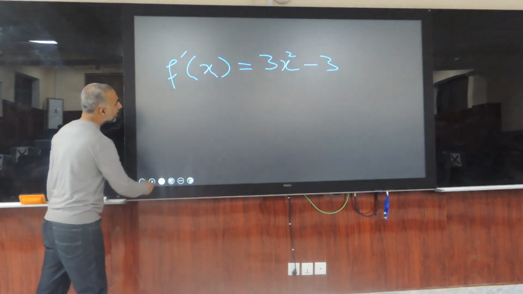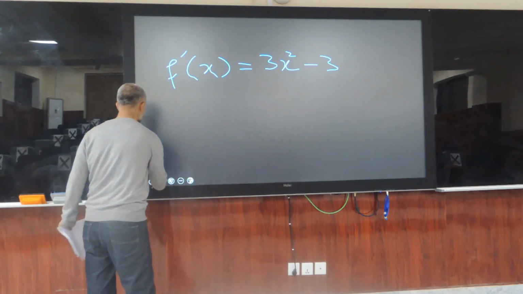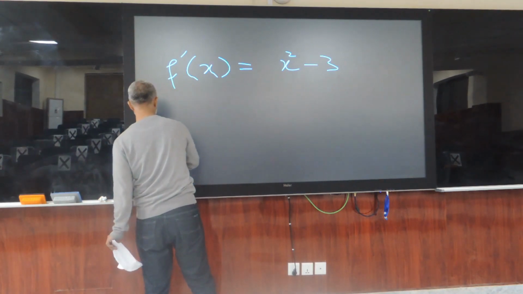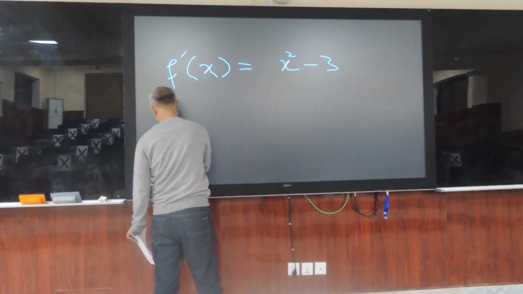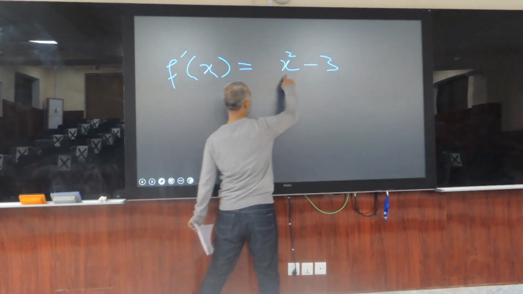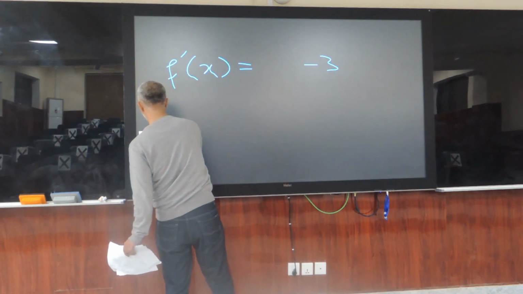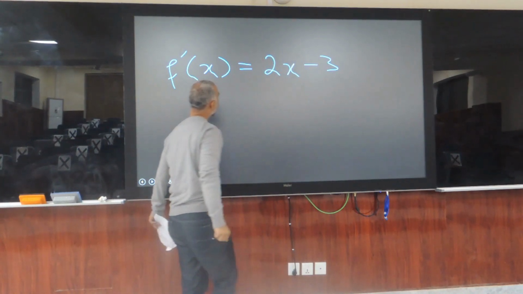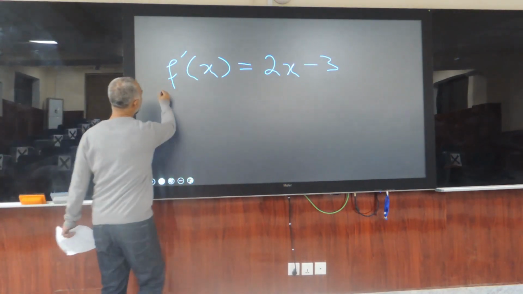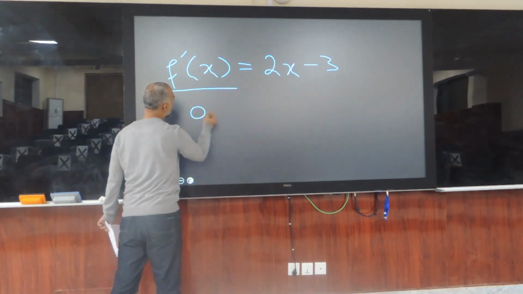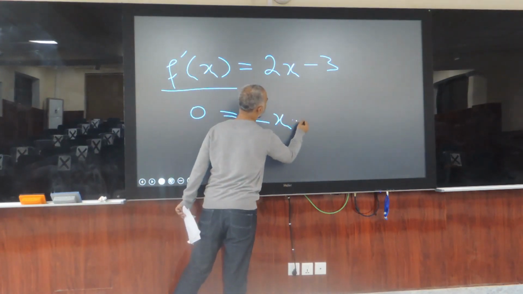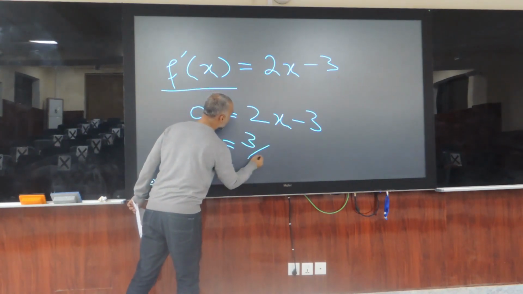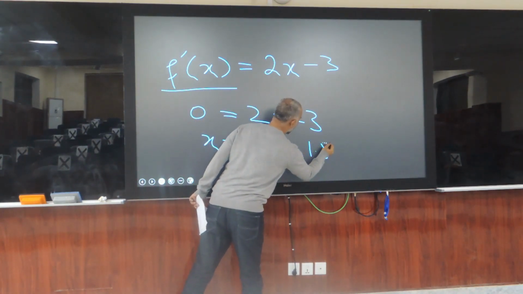So, let me fix it again: the derivative is 2x minus 3. Let f dash equal 0, so we will have 2x minus 3 equals 0. So x is 3 over 2, or 1.5.